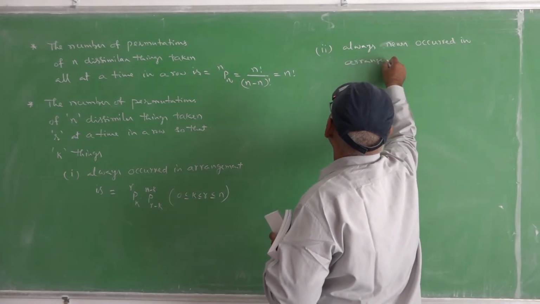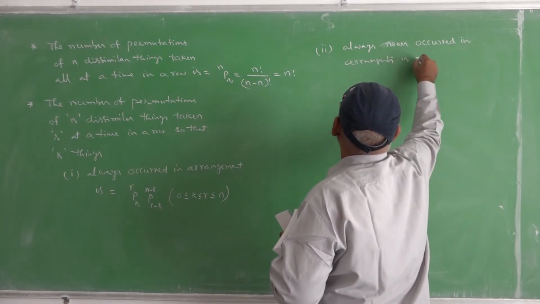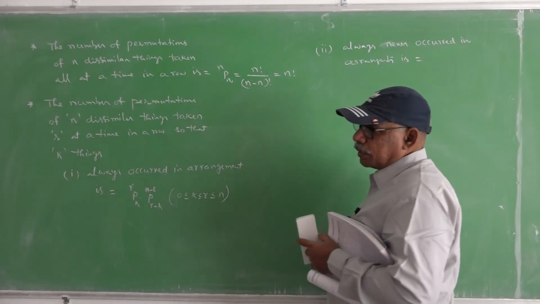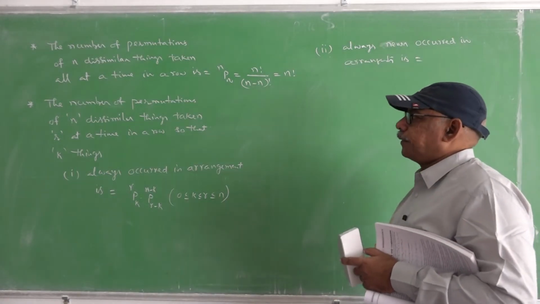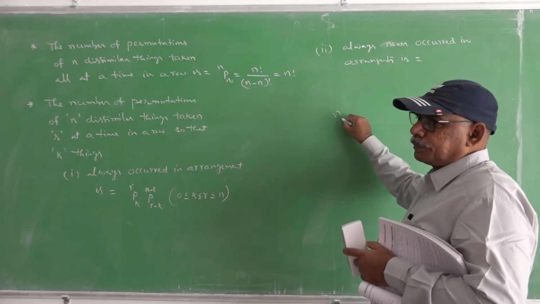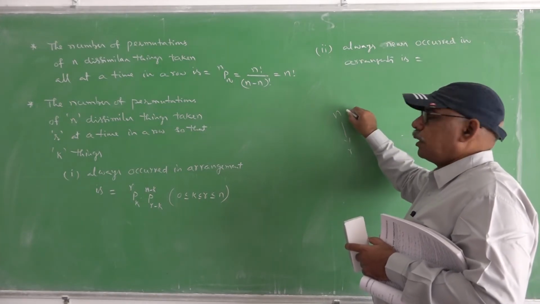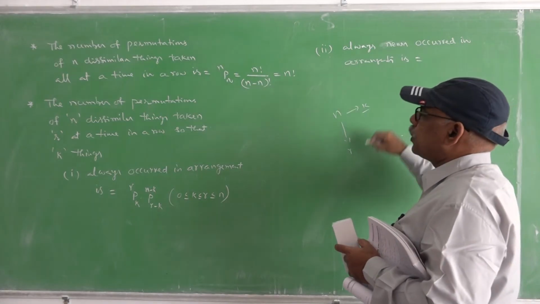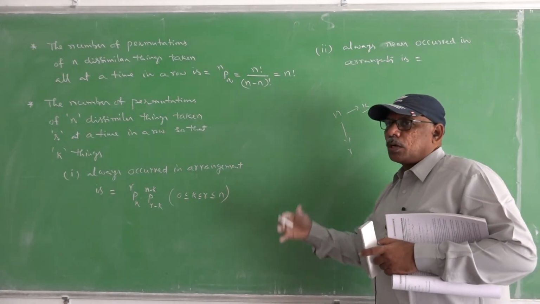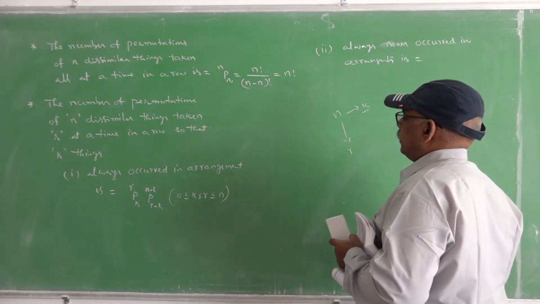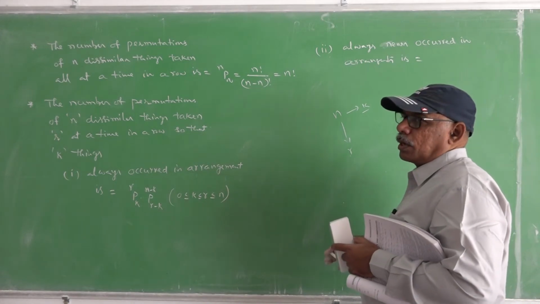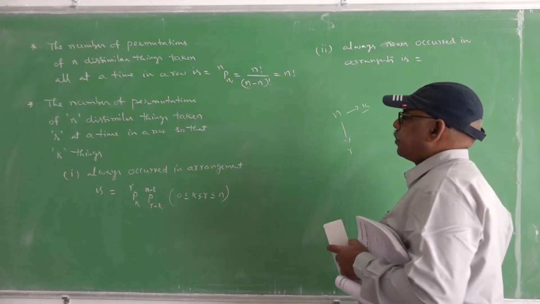Such arrangements, where k things never occur in the arrangement: out of n things, r things are to be considered and arranged in a row, so that k particular things do not occur in the arrangement.